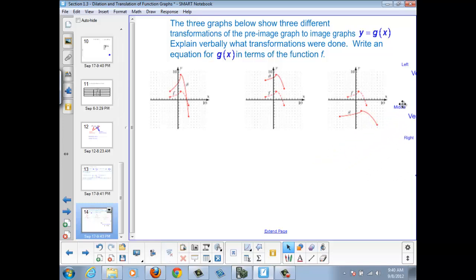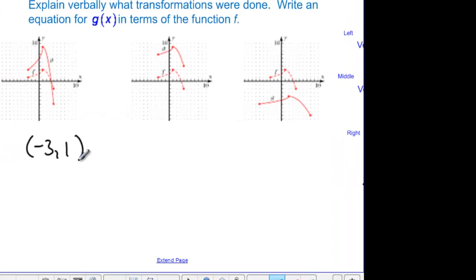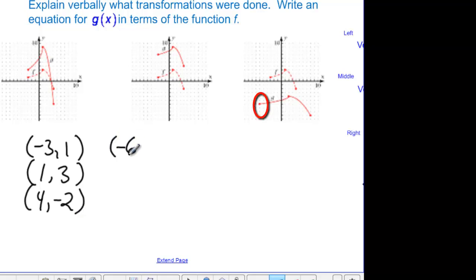Final function transformation. Here, again, we have those three values: -3, 1, 1, 3, and 4, -2. Our new values are -6, -6.